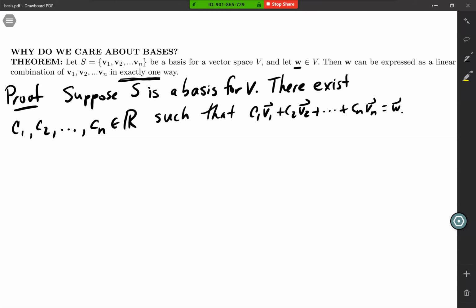In this case, just writing down the fact that it's a basis, we know that it spans, so there exist those constants that give us that W. That's the existence portion. We've shown that there is at least one way to write W as a linear combination of the v's. Does that make sense as far as the existence part goes? We okay with that? Yes.